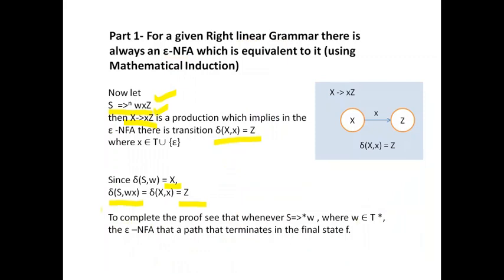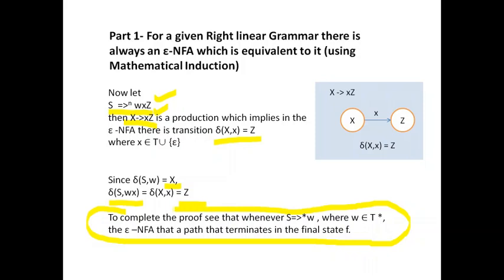Now to complete the proof, we need to convince ourselves that whenever S derives a string of terminals W, the epsilon NFA will definitely have a path that terminates in the final state. That is very evident, because during the last derivation step, you will be deriving epsilon.